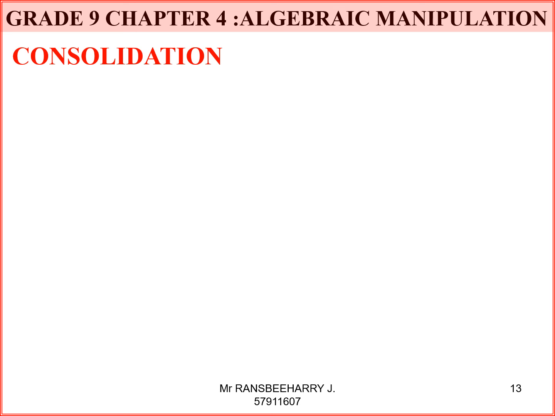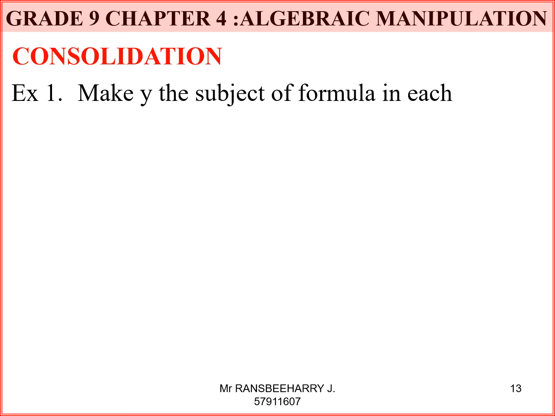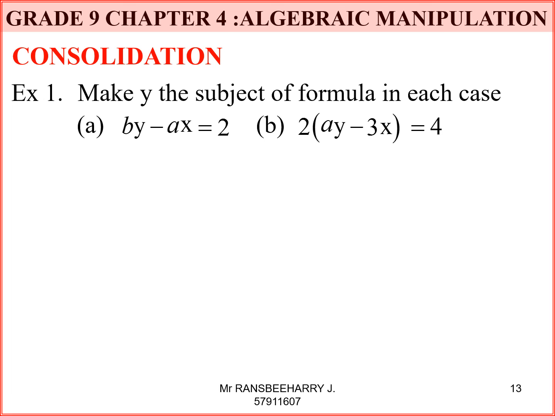Consolidation sheet. Example 1. Make y the subject of formula in each case. Part A, by minus ax is equal to 2. Part B, 2 into ay minus 3x is equal to 4 plus 3y. Example 2.